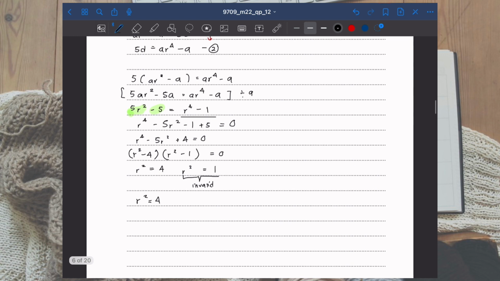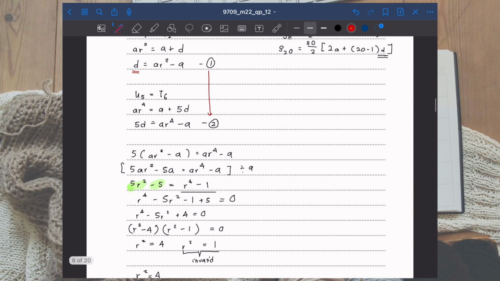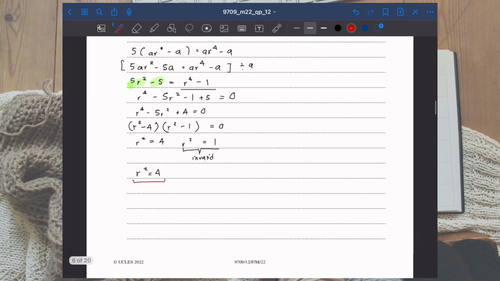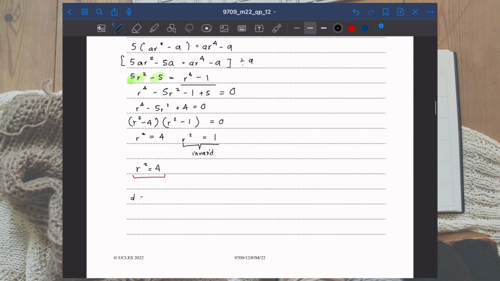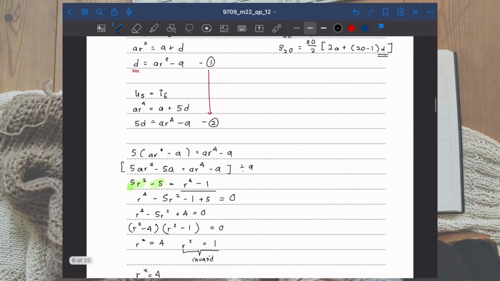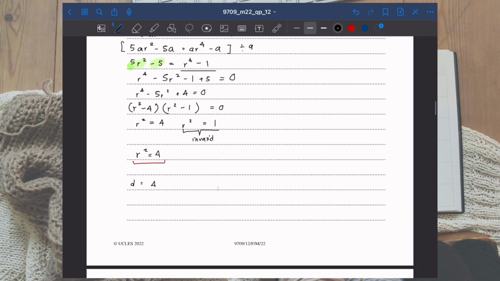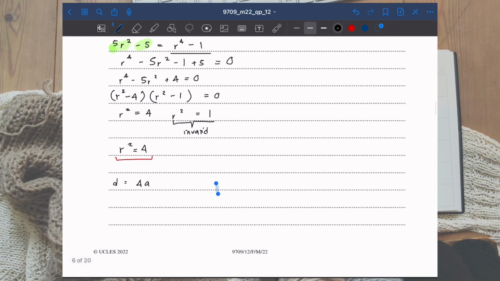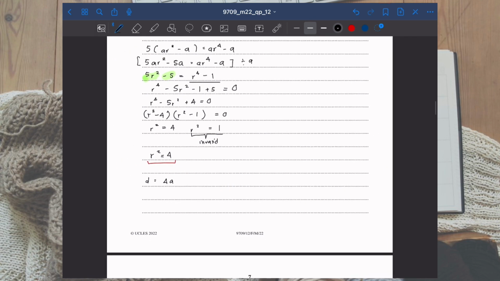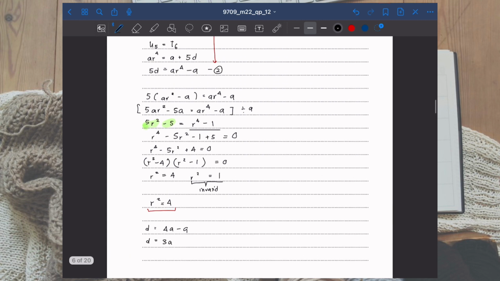So now that you have your r squared, you can substitute this back into your first equation. So our difference will be, r squared is 4, so 4a minus a. So our difference is 3a.